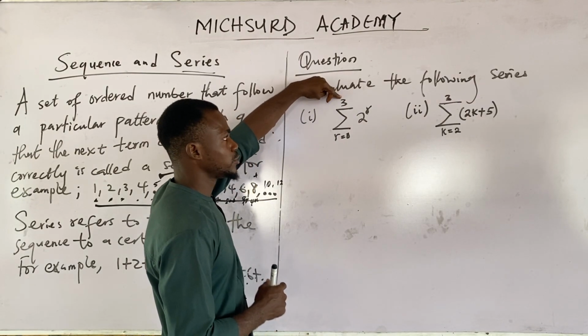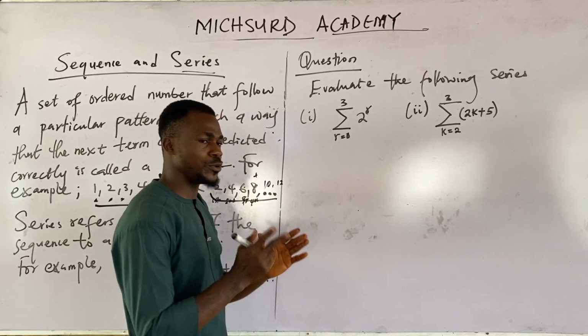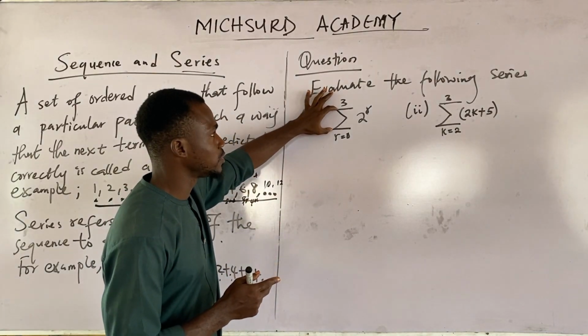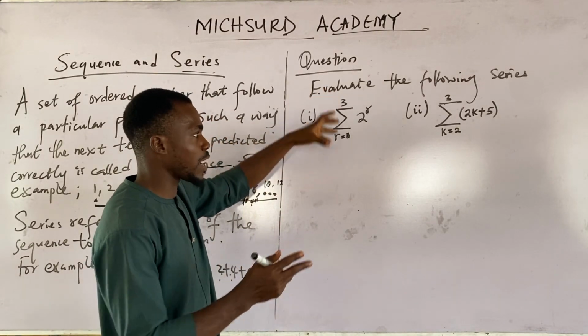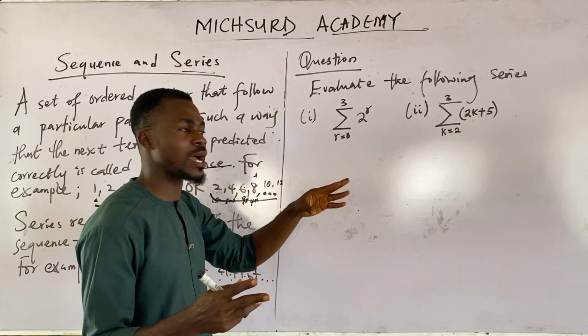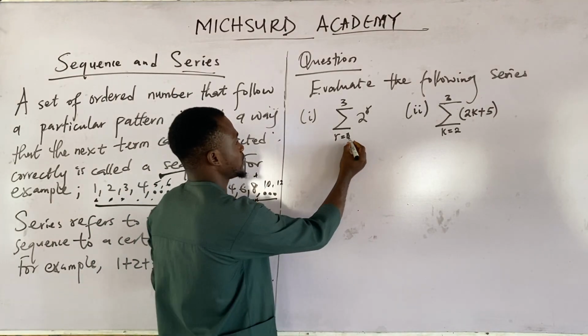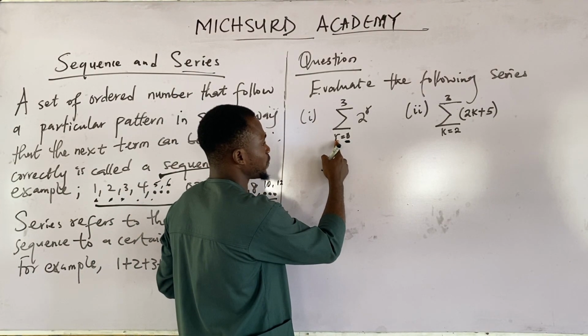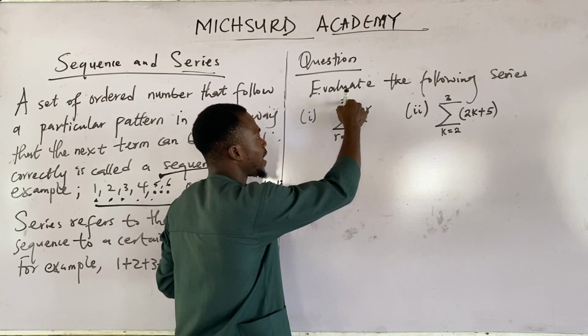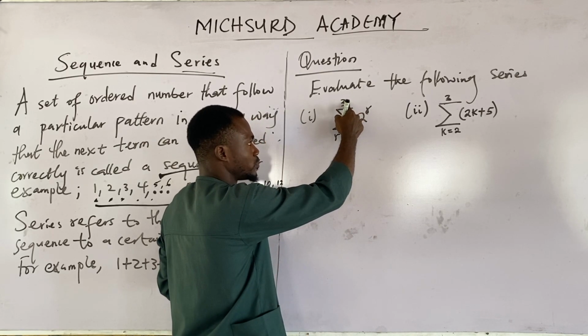To 3. When we talk about series or summation, we are adding up these different terms. So here, r starts at 0 and stops at r equal to what? 3.